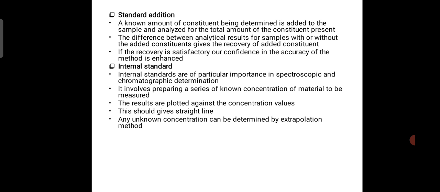Then internal standard. Internal standard is mainly for chromatographic methods or spectroscopic methods. Chromatographic method means paper chromatography; there are many methods. Spectroscopic method means IR method, UV method, etc. Actually here we have a lot of samples and we check the concentration of each and every sample, and we plot the graph, so we get a straight line.